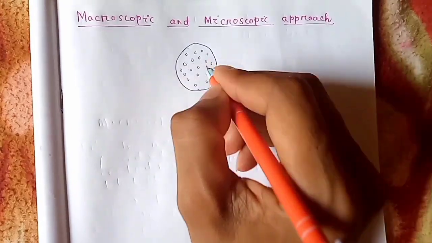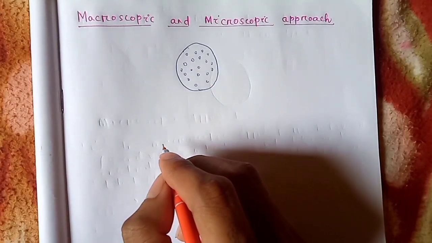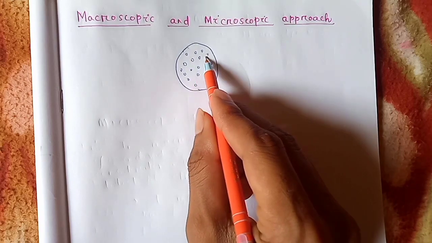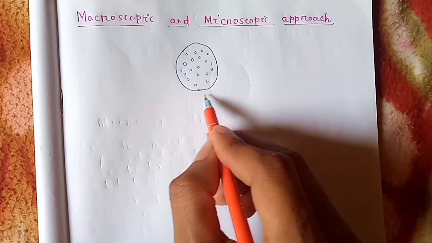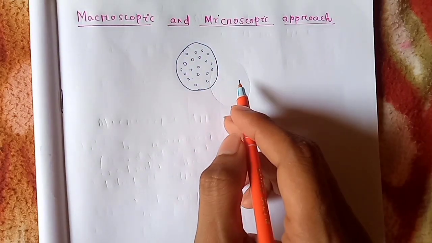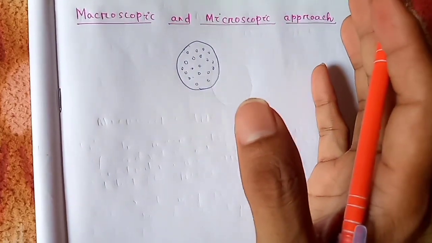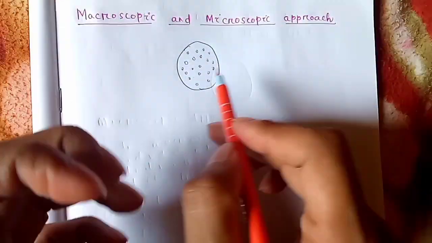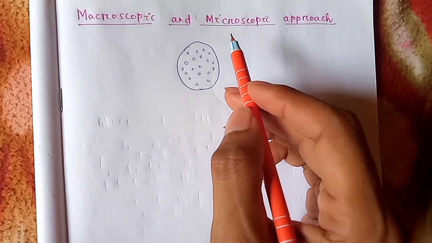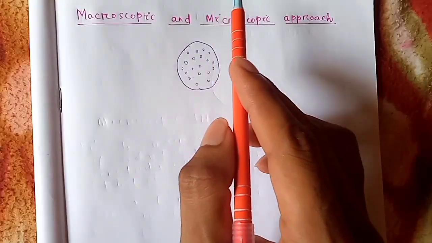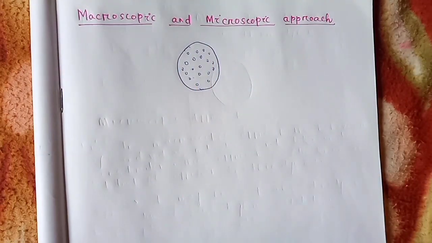It is made up of a very large number of molecules. So these are the molecules which make up this particular substance. If I have to study all the properties of this particular substance, then we must know about these two approaches, macroscopic and microscopic approaches in thermodynamics.